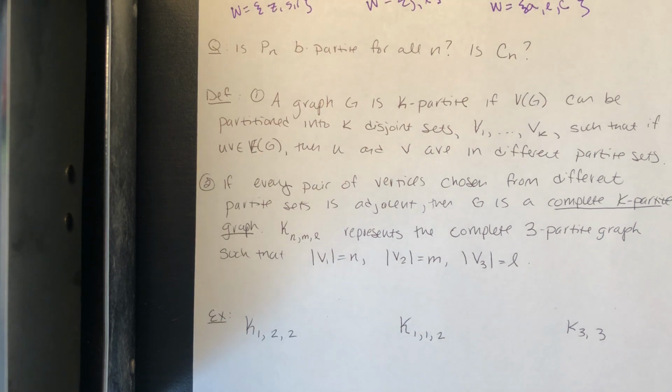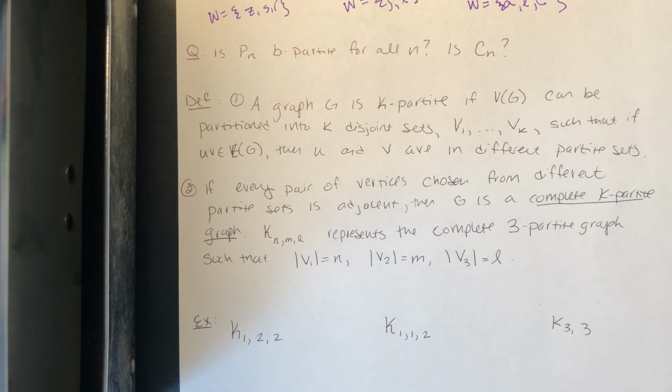Okay, a couple more definitions. We can extend this idea of bipartite into, let's say, tripartite, three-partite or four-partite, by saying that a graph is k-partite if the vertices can be partitioned into k disjoint sets, where every edge is going to be connecting vertices from different partite sets.